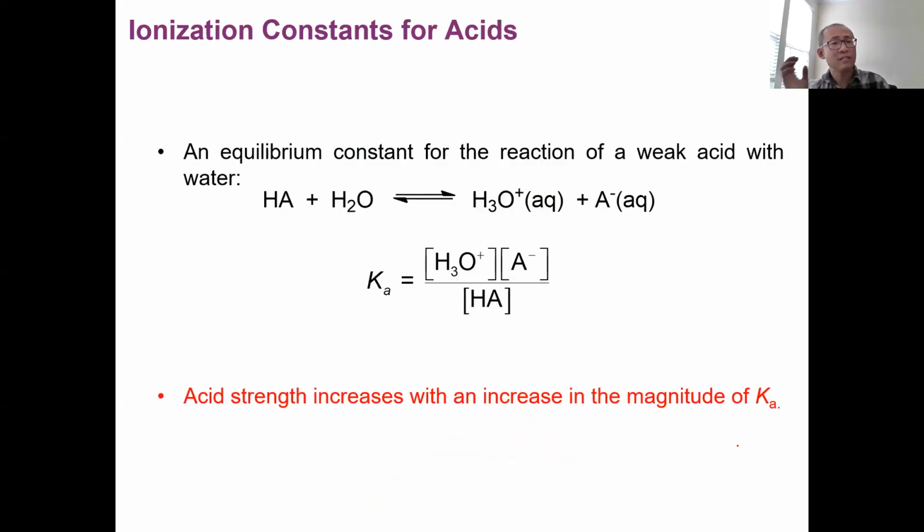Now, because most acids are weak acids, like we said, we only have 6 or 7 strong acids, we must have a way to quantify the strength of acids, or of course, the strength of bases as well.